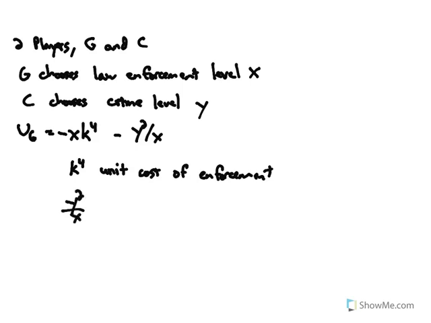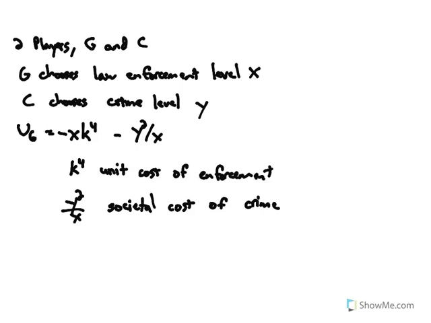We can think of that as the societal cost of crime. So we see that the more crime there is, as y gets bigger, the society is more negatively impacted because it's minus the societal cost of crime. We also see that the cost of crime is increasing exponentially in the amount of crime.